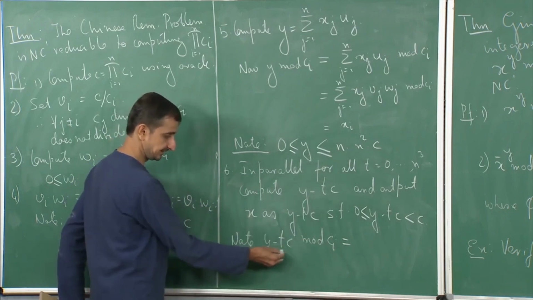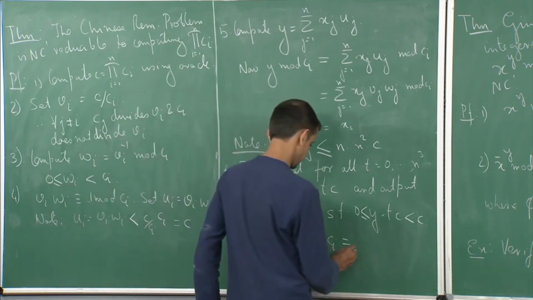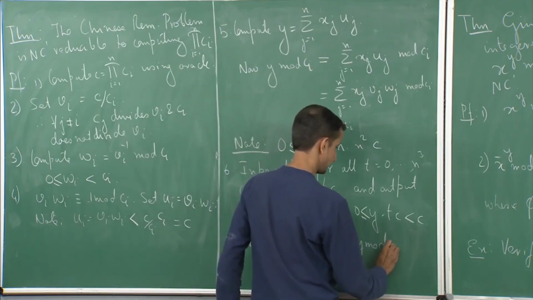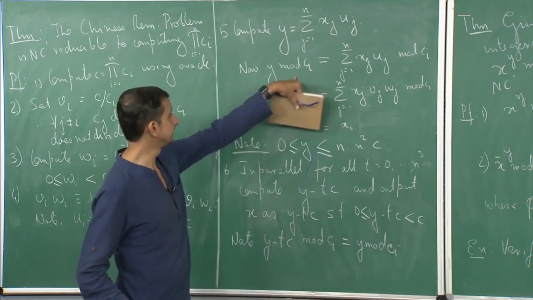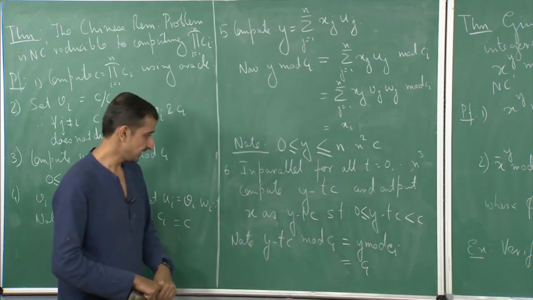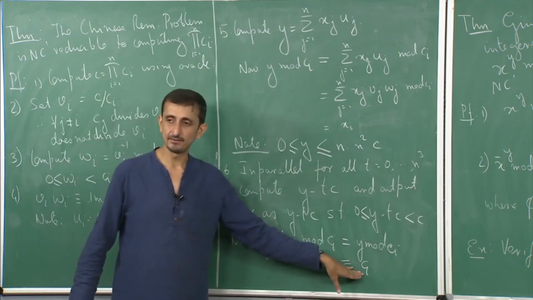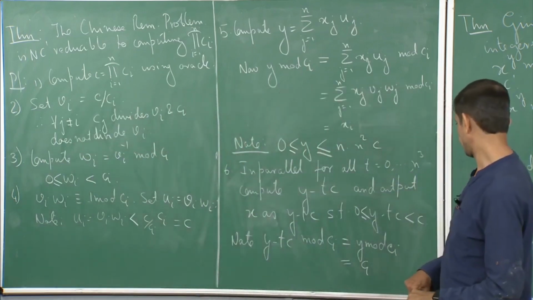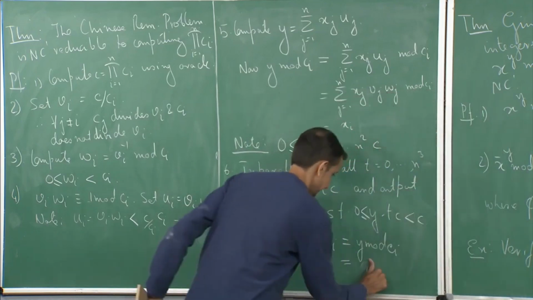So doing modulo ci, this disappears. So this is just congruent, in fact equal to y mod ci, and here I have proven that y mod ci is equal to xi. Okay. So the number x that I am outputting at the end has this desired property.